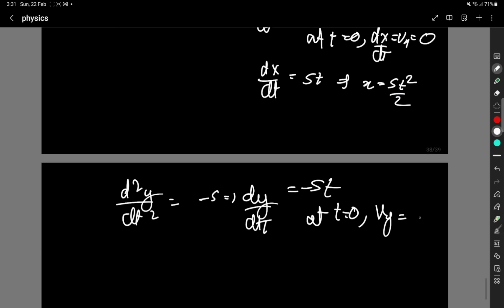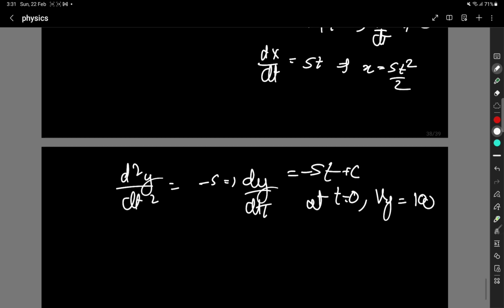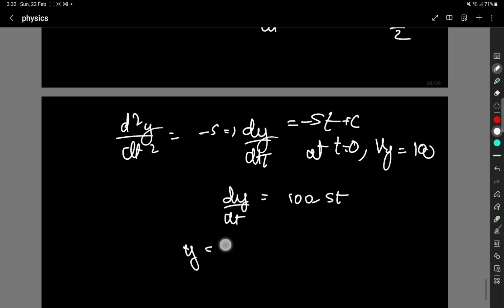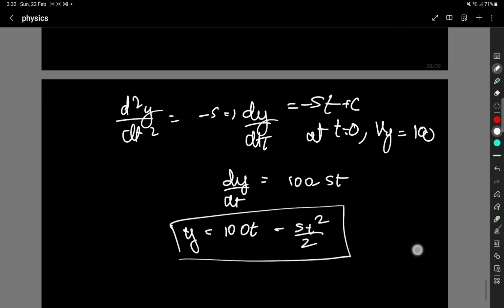At t equal to 0, vy is equal to plus 100 j cap. So dy by dt is 100 minus 5t. So y comes out to be 100t minus 5t square by 2, and at t equal to 0, y is 0.